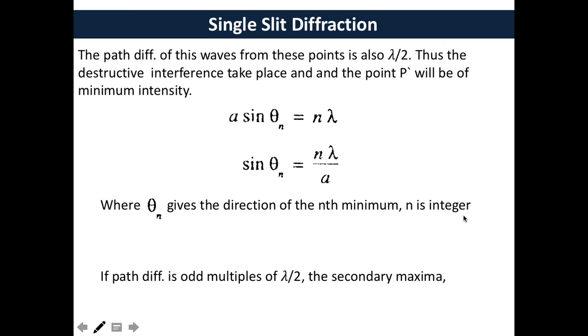If the path difference is an odd multiple, it means 3 lambda by 2, 5 lambda by 2, 7 lambda by 2, you will get the maxima, meaning constructive interference.